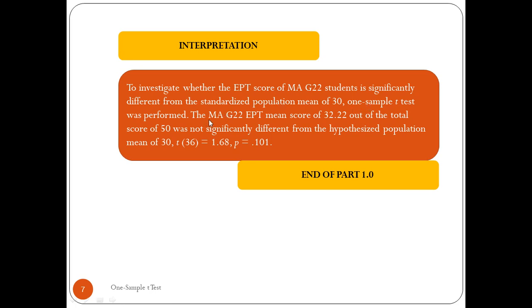So we shall continue. The MA generation 22 EPT mean score of 32.22 out of the total score of 50 was not significantly different from the hypothesized population mean of 30. And then t, and then degree of freedom, t equals 1.68, p equals 0.101.